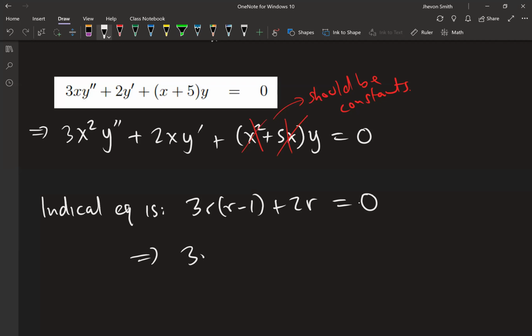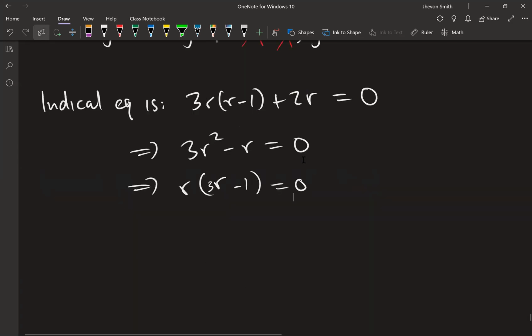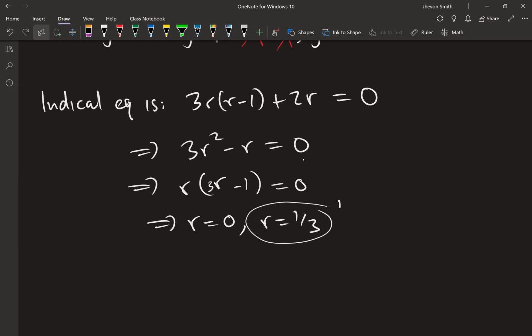So this is 3r squared minus r equals 0, which means r times 3r minus 1 equals 0. And so here you'd have r equals 0 or r equals a third. And this one here is the larger root, so we're going to use that one later.